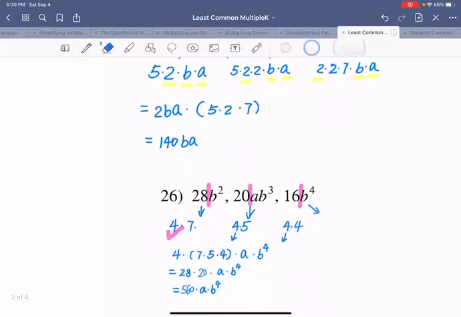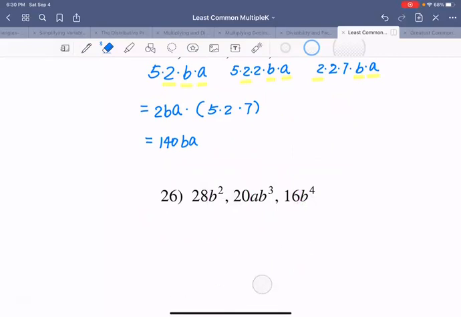Yeah, let's try the number 26. Okay, so 28 is 2 times 2 times 7 times B times B. Okay.